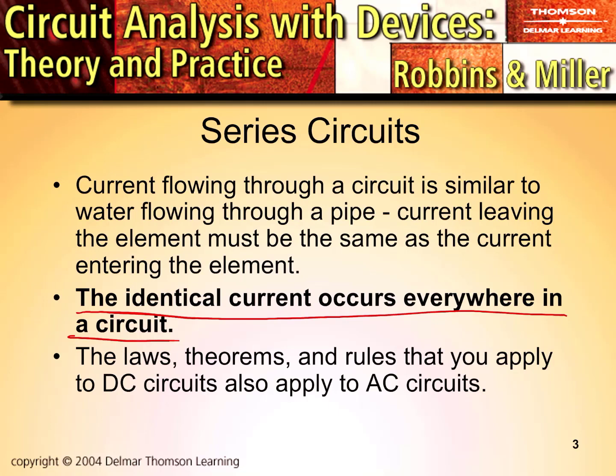When we're looking at a series circuit, you can be pretty much guaranteed that part of determining the missing value or the missing part of a design is going to be centered around the fact that for a series circuit, the current is identical everywhere.